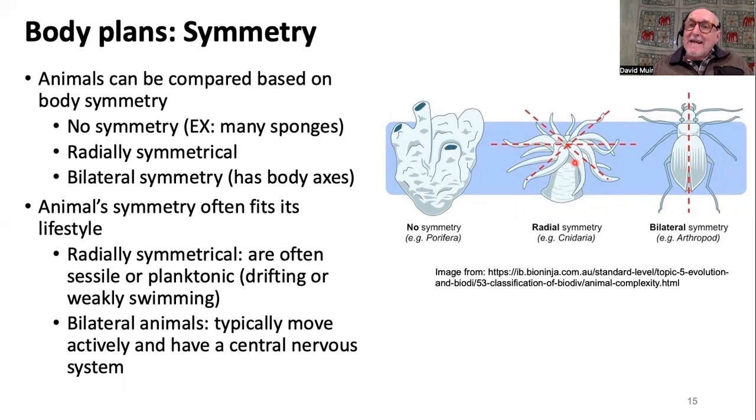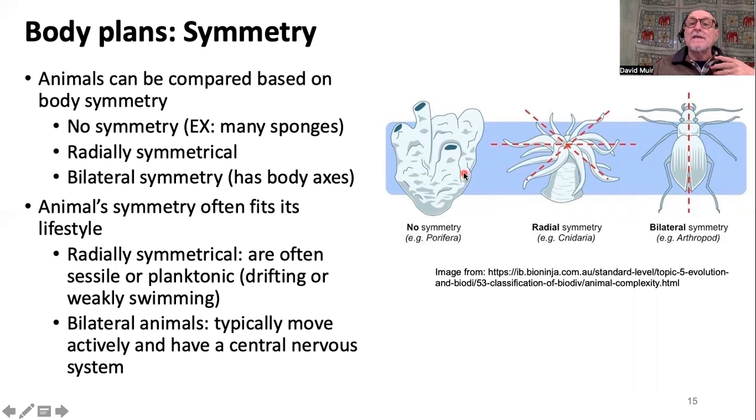Some of the radially symmetrical may be suspended in the water. There are tremendous disadvantages to this lack of symmetry. Bilaterally symmetrical animals typically are fast moving and also have a central nervous system.